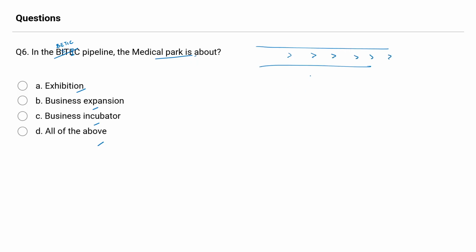Okay, FedEx, Medical Park. So there was something called Medical Park. Okay, in the BETIC pipeline. I need to tell us what was that about.